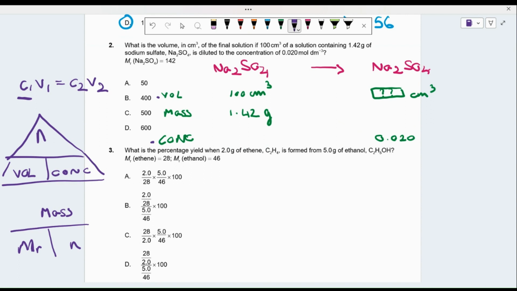Right, so we have our mass, 1.42 grams, divided by our Mr, which is 142, given in the question, to get our moles. So moles is 1.42 grams divided by 142. That will be 0.01.